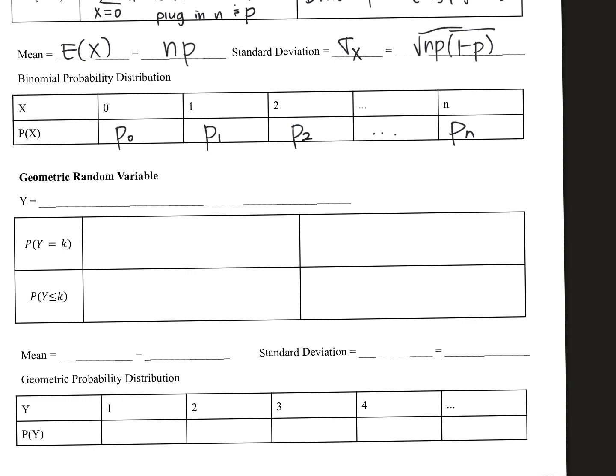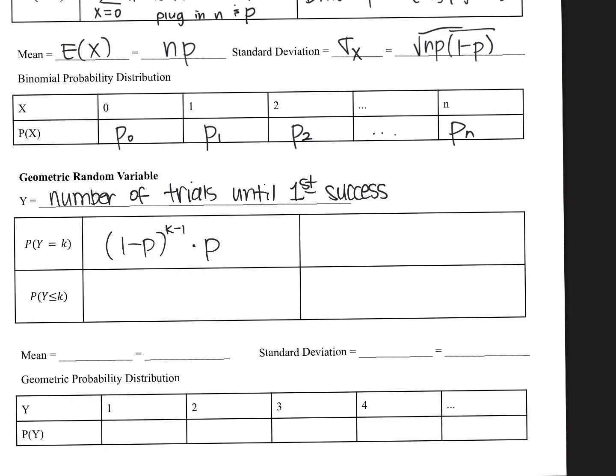Then we have the geometric random variable, which is the number of trials until first success. Our formula is 1 minus p to the k minus 1 times p. You can use geometric pdf with p comma k, but I don't typically, because the formula isn't really that bad, so I don't normally use the calculator for that. If we're doing y less than or equal to k, I will use the summation.